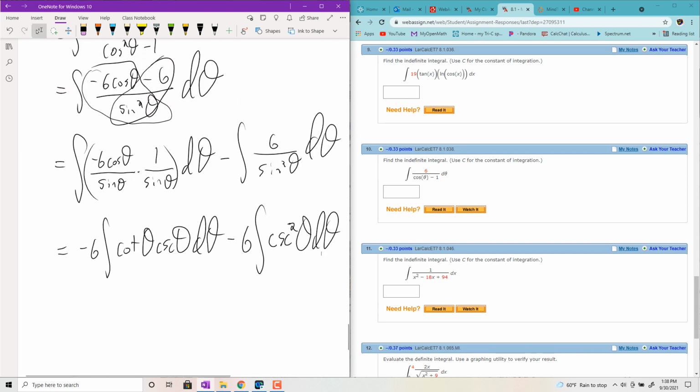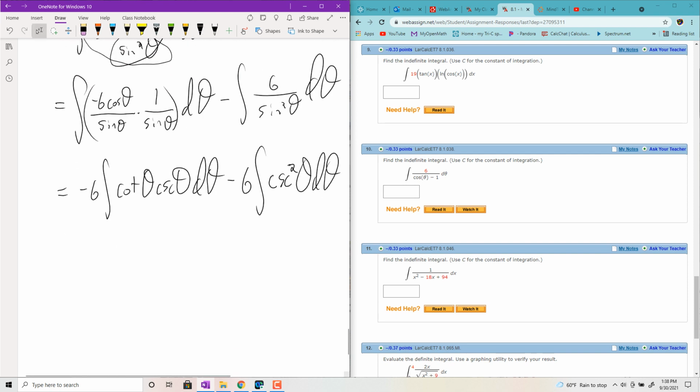That's just the derivative of cotan, right? So with a negative, this will be 6 cosecant theta plus 6 cotan theta plus C.